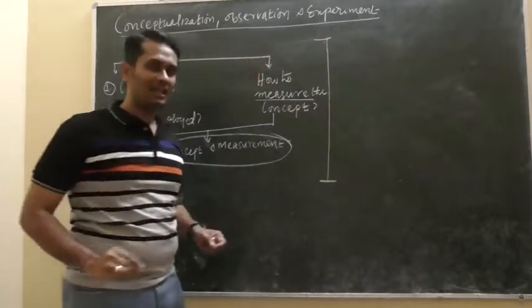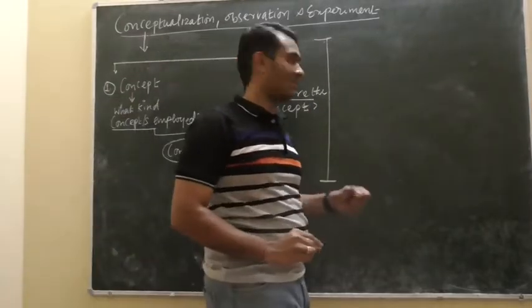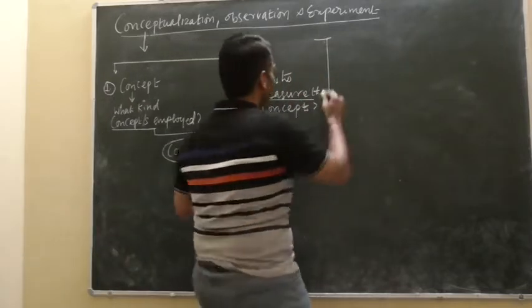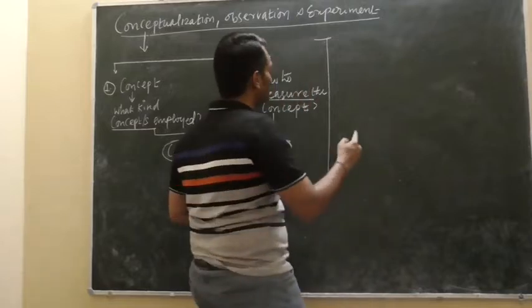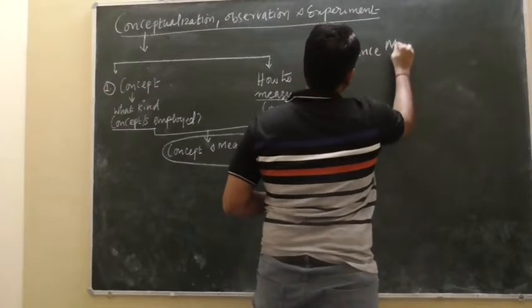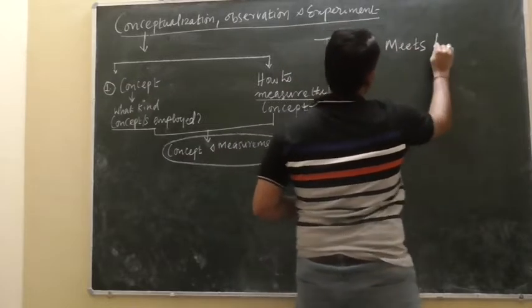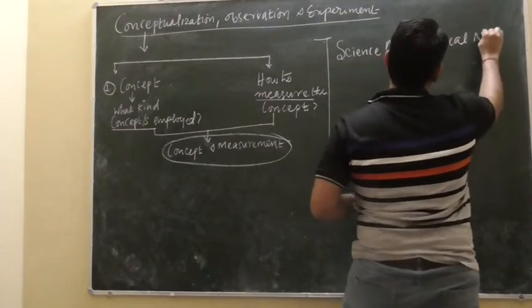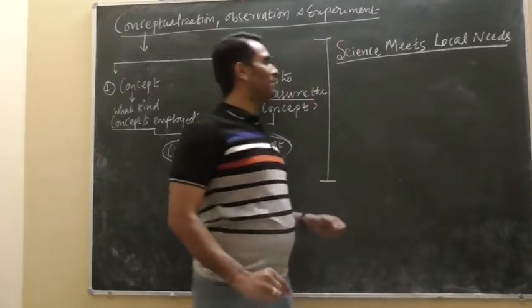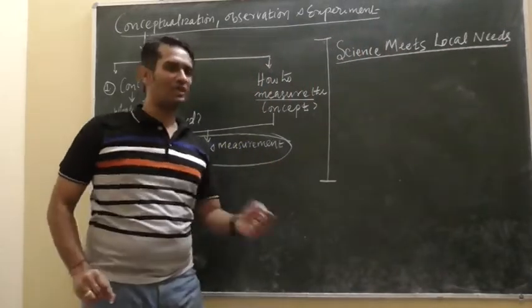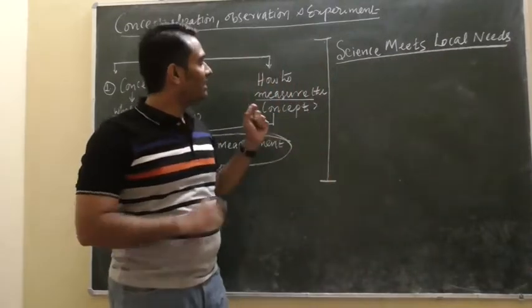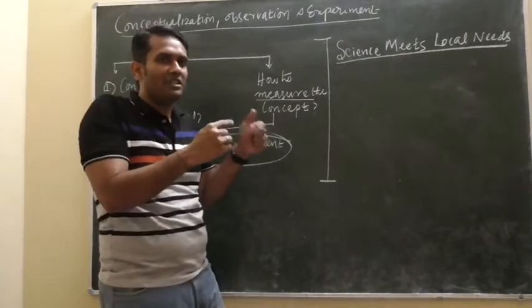If you remember, in the beginning of the class, I tried to make you understand what this course is all about, and then I explained my theorization on this course that deals with science meets local needs. Science meets local needs, though it consists of a different set of concepts, and I try to link these concepts in the form of a theory.